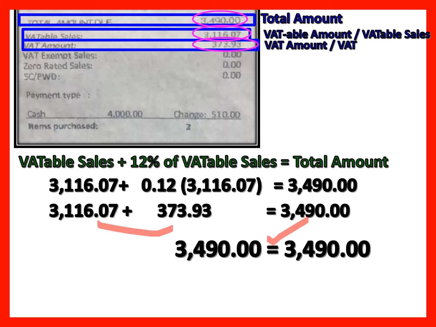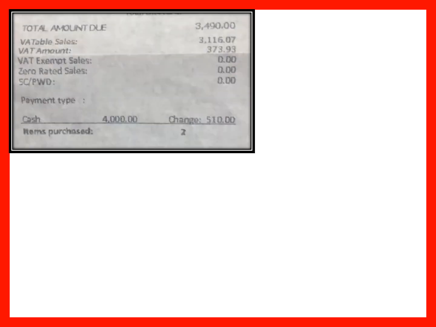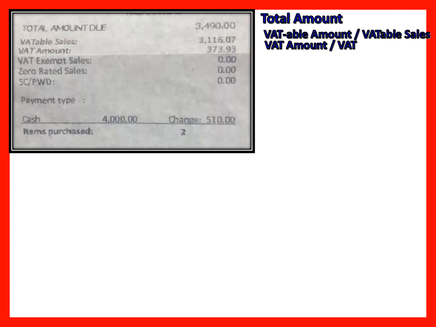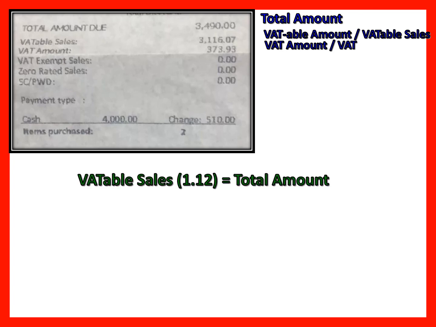Let us have the other solution. Okay, once again, these are the parts of our receipt, and we will use this formula. Okay, so you know already why we have this formula. So let us now substitute the values to this formula.